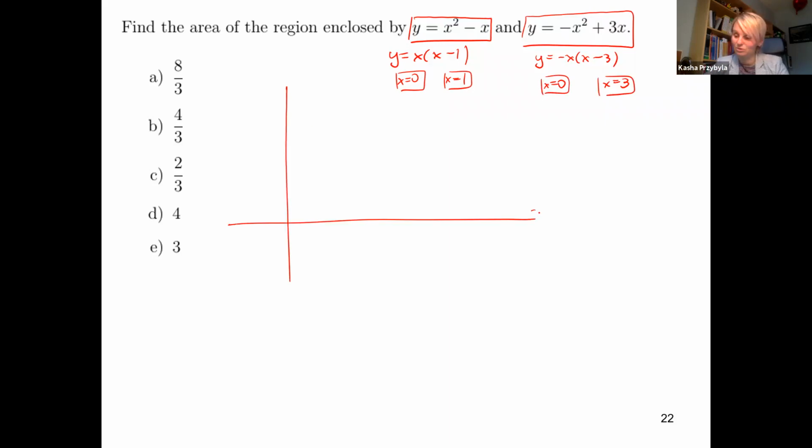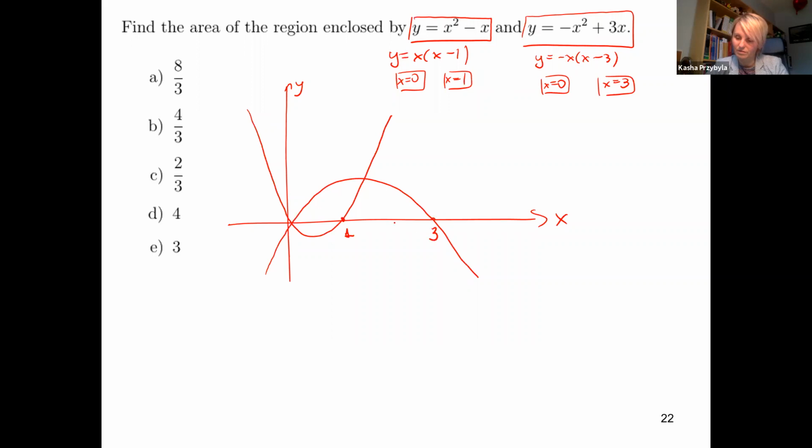That means we will draw x and y. One parabola has zeros 0 and 1, the other has 0 and 3.